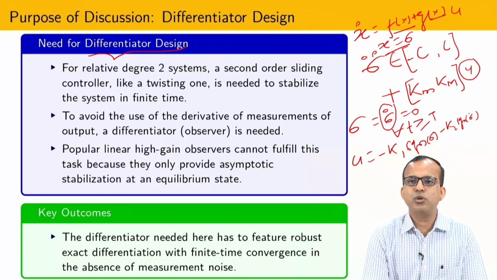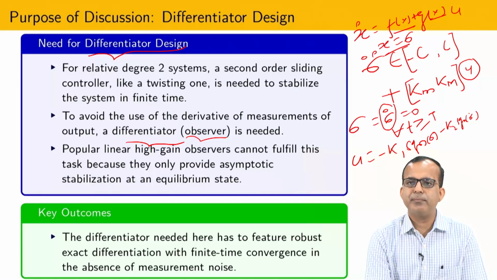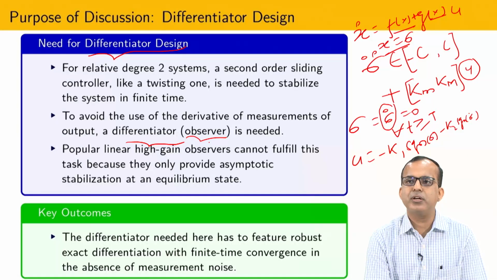So what is another solution? The other solution is a differentiator or observer. An observer also will often not work because the system model is not known.